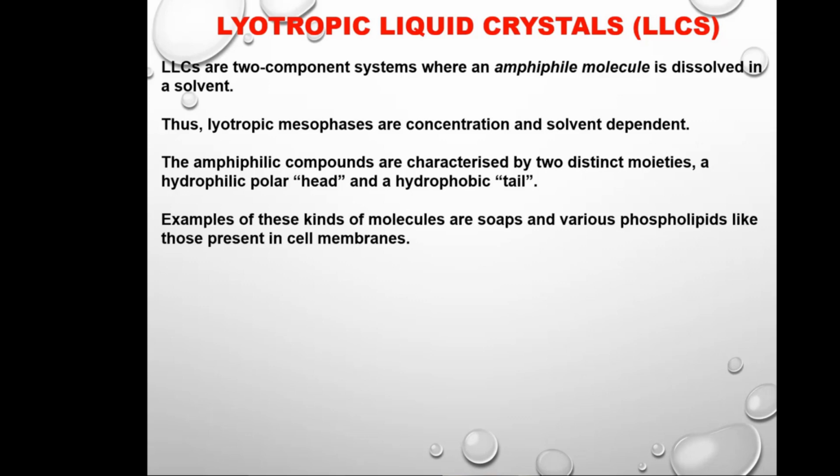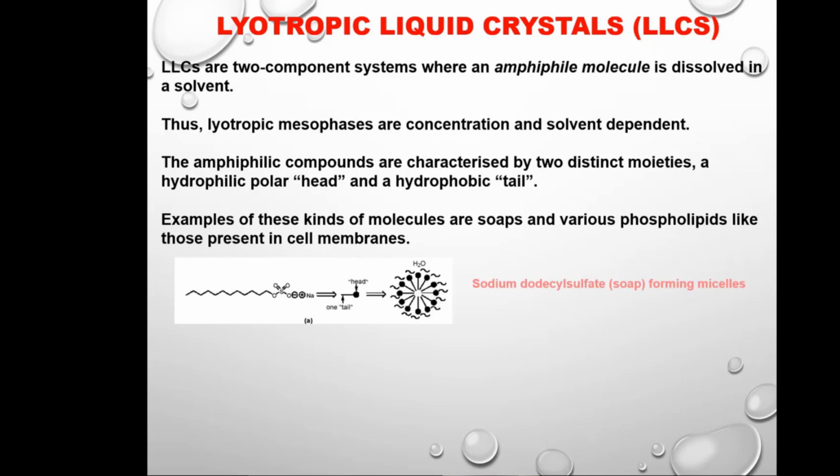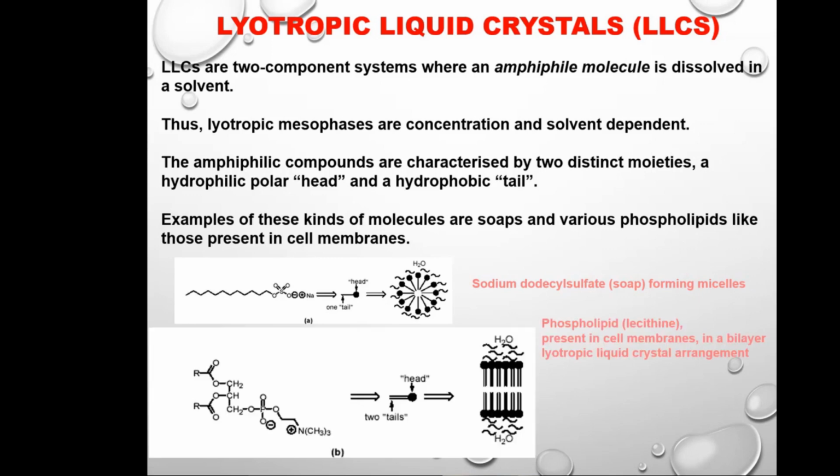The amphiphilic molecule is a molecule which has two parts, two moieties. We call them the head, which is usually hydrophilic, and then we have a tail. An example of such a molecule is sodium dodecyl sulfate, traditionally known as soap, which forms micelles, but also various phospholipids, which are present, for example, in the cell membrane and other structures, as I'll show you.